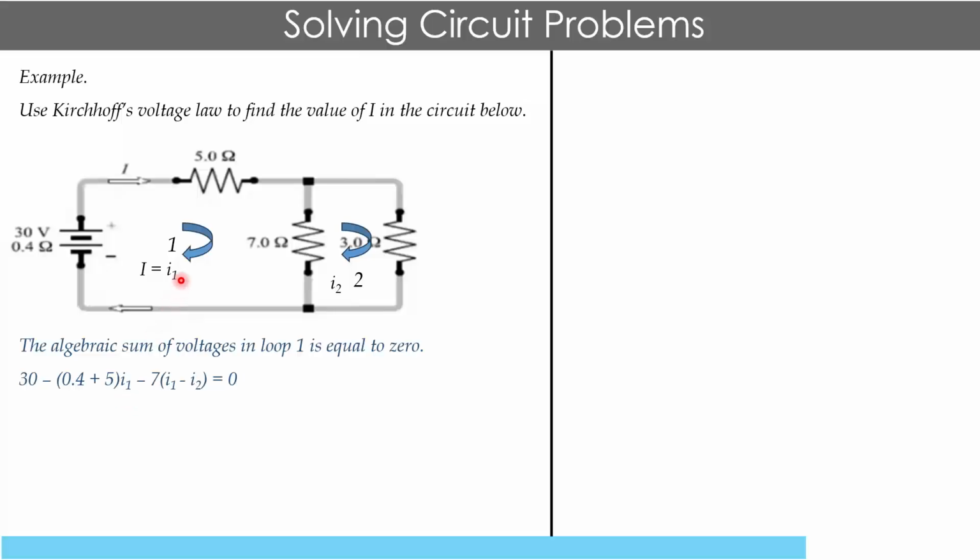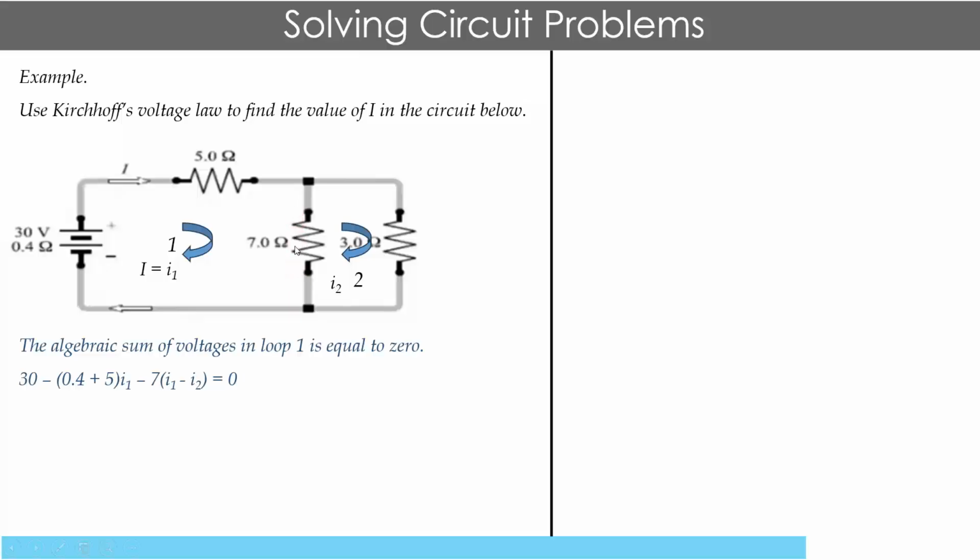Remember that I1 is equal to I. That's what I want to use. So that is the voltage drop across the 5 ohm and internal resistance. That's the voltage drop across them. So minus the voltage drop across the 7 ohm resistor.